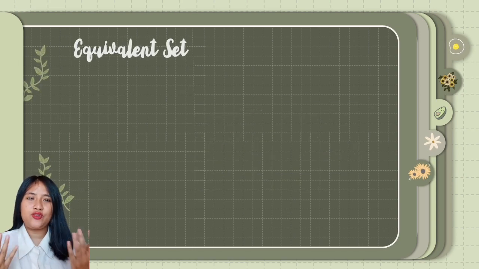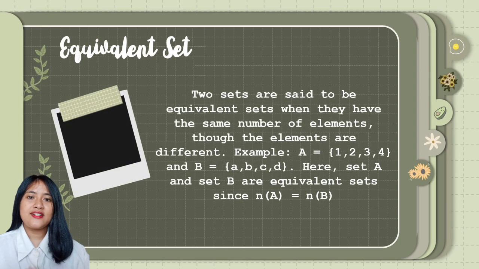Number 6 is equivalent set. Two sets are said to be equivalent sets when they have the same number of elements, though the elements are different. Example, set A with elements 1, 2, 3, 4 and set B with elements A, B, C, D. Here, set A and set B are equivalent sets since cardinality of set A equals cardinality of set B, or we can write n(A) equals n(B).